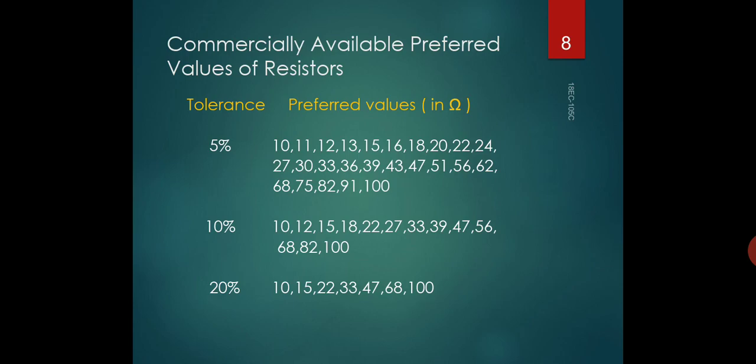And in the 20% tolerance range there are hardly 7 resistor values: 10, 15, 22, 33, 47, 68 and 100.